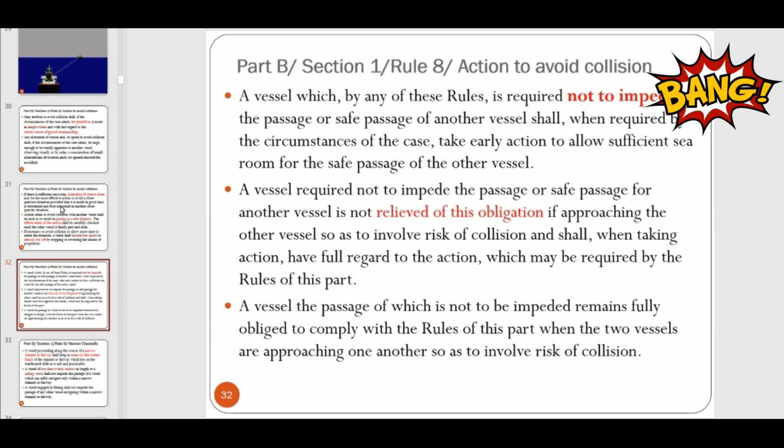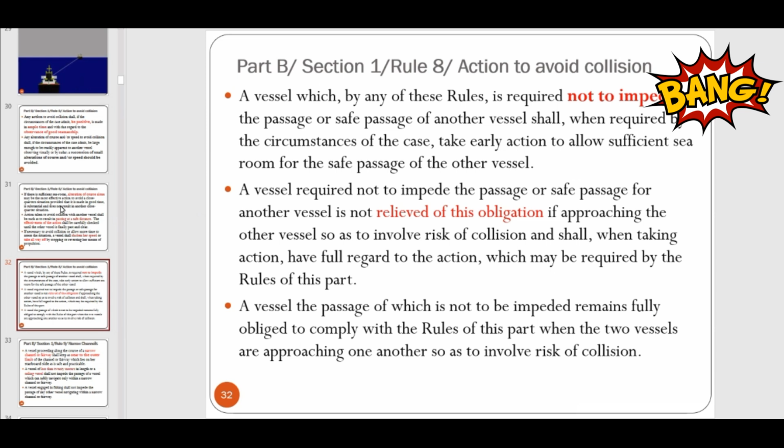Is that clear? It is both ways. If the language is such, it means actually both. The vessel which is not supposed to impede, and the vessel whose passage is not to be impeded. Both the cases, they are not relieved. They have the responsibility to ensure the action to be taken to avoid collision.